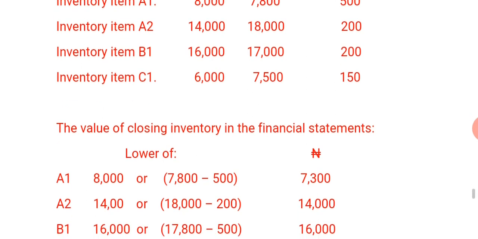And now we are looking for the lower of 14,000 and 17,800, and the lower is 14,000.